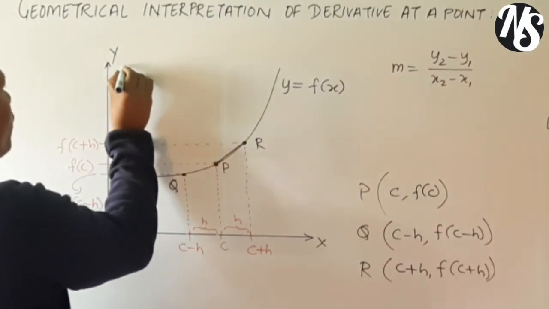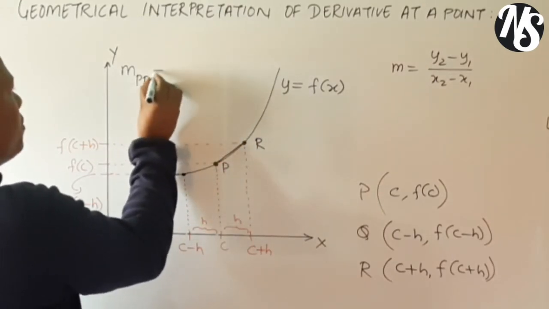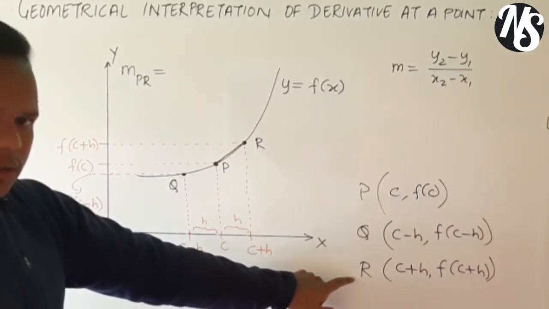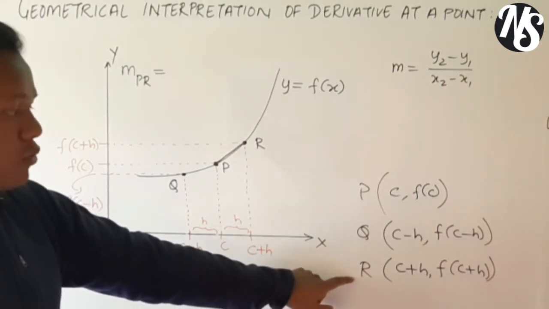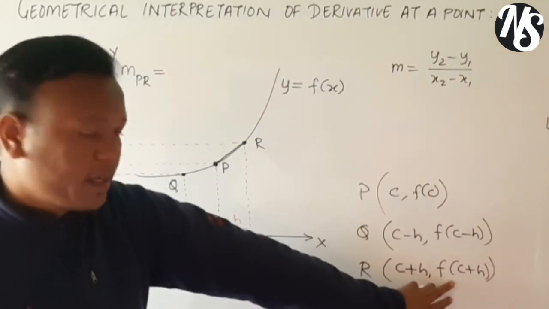So let me write here the slope of line PR. P and R are here. Let me call this x1 y1 and this x2 y2.